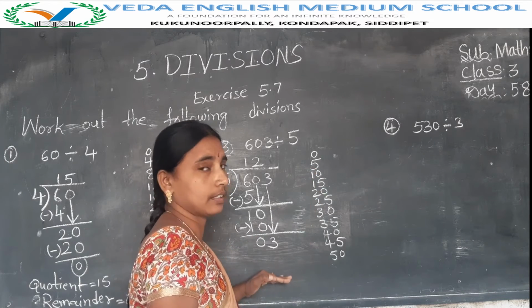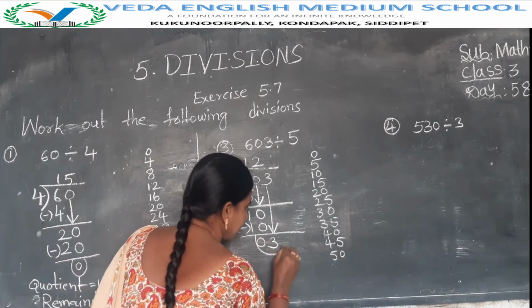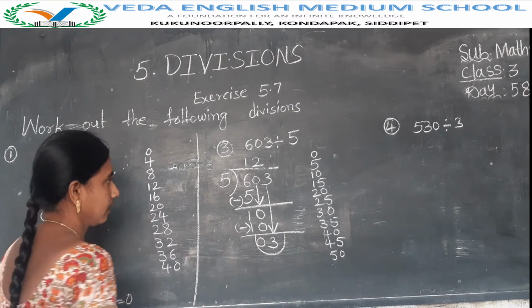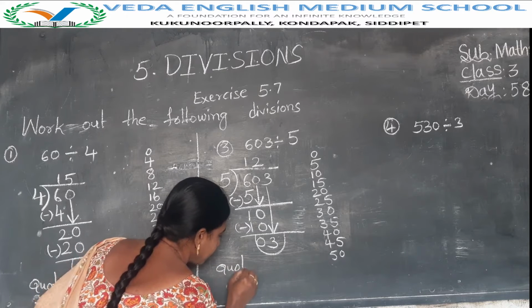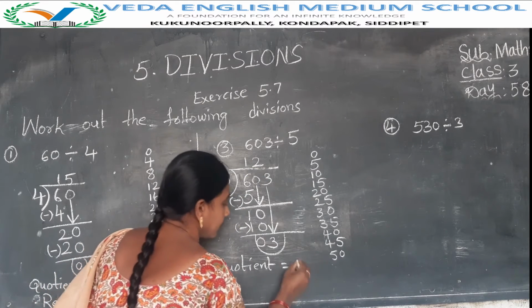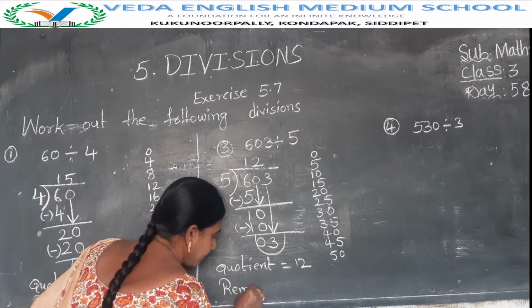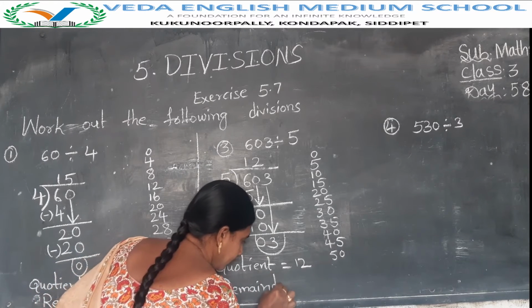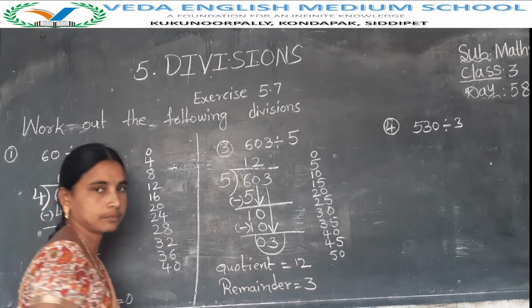So up to here the problem is completed. Now write the quotient. How much is the quotient here? 12. Remainder, R-E-M-A-I-N-D-E-R. The remainder here is 3.